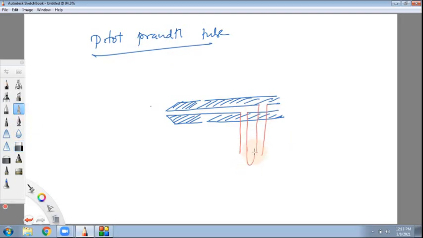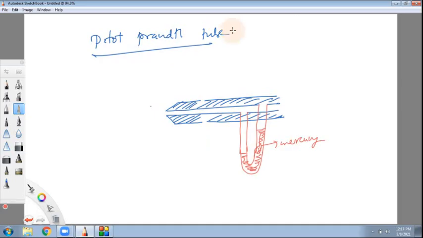So you have got a manometer here, and it looks like this. There may be mercury here. This red colored liquid, let us say, is mercury. Now this construction is called a pitot-Prandtl tube.